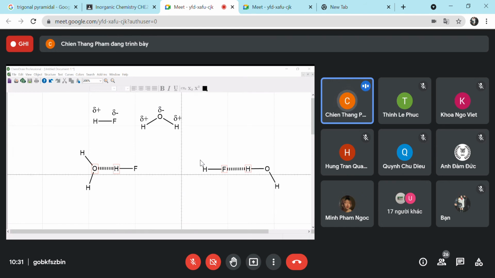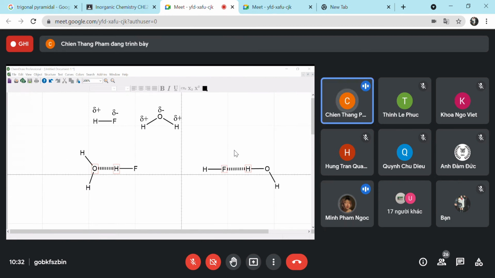Is there another kind of hydrogen bond in the aqueous solution of HF? I don't think there's another one.